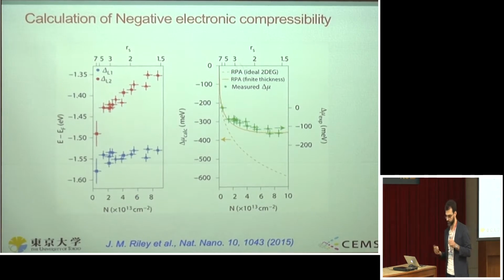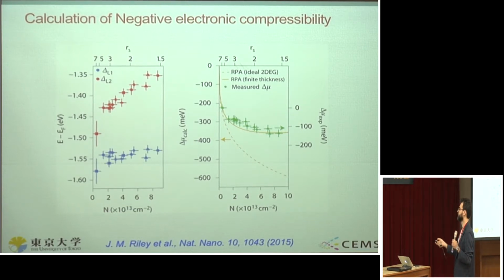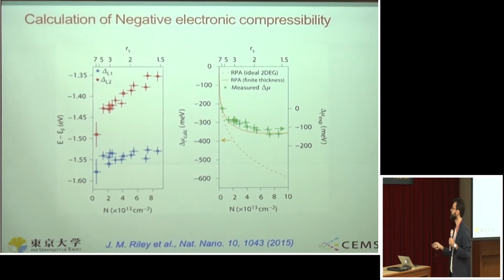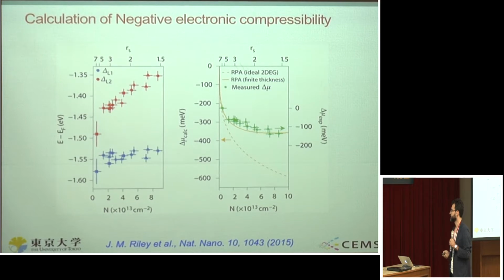In order to include this, we did some RPA calculations, and by doing RPA calculations, we could treat the conduction bands in a different way than the valence bands. And you can see that when you do an RPA with a finite thickness treatment, you can basically reproduce the experimental data, as you can see here.